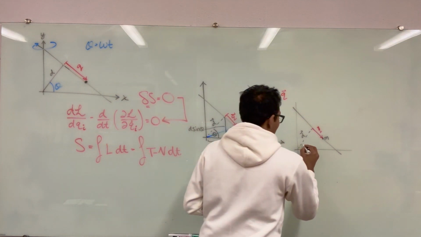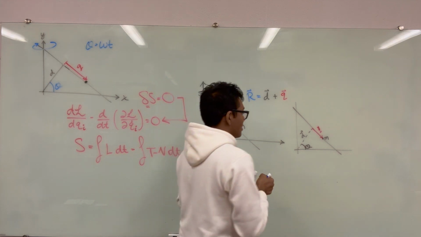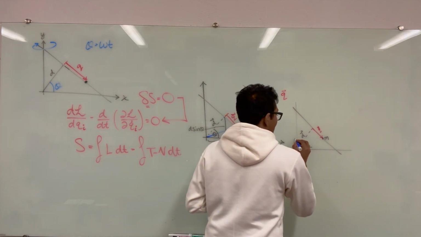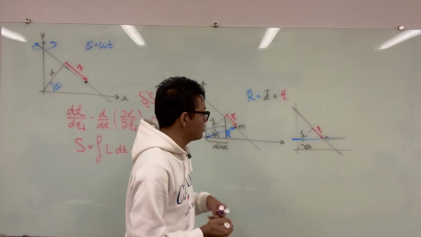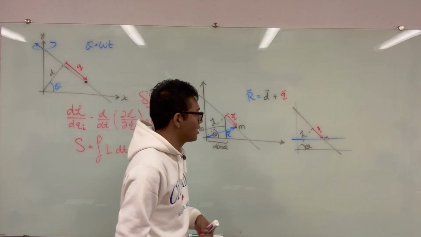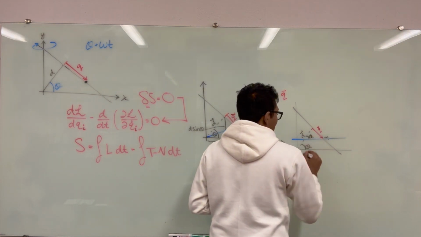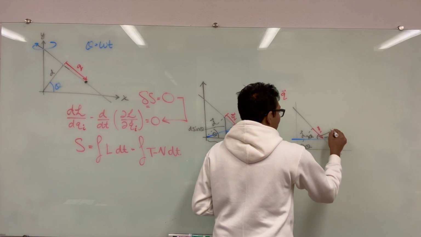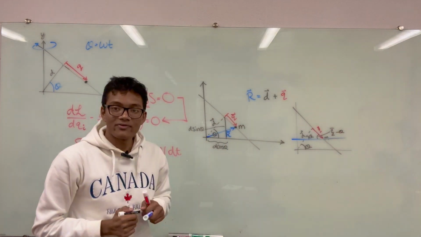It turns out this angle is theta, right? What if I make an auxiliary line right here that crosses through my particle, and it's also parallel to the base of the x-axis here. So that means this angle is also theta. This angle right here is pi over 2 minus theta. And now we can probably figure out the components of q.